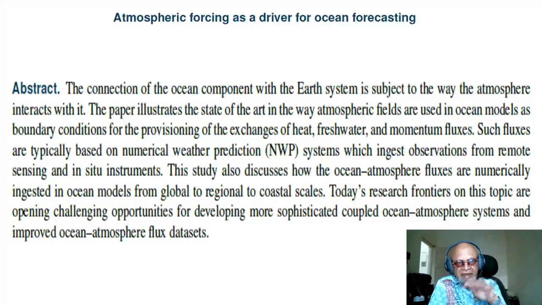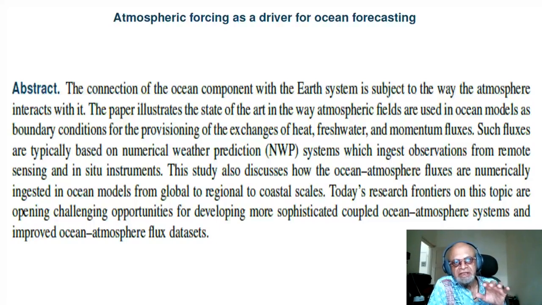There are often many flux products available, and they may be model products like from numerical weather prediction, because when you do ocean prediction, you need near real-time forcing, whereas all the other fluxes may be computed in the past and not available in the near real time for integrating the model forward.